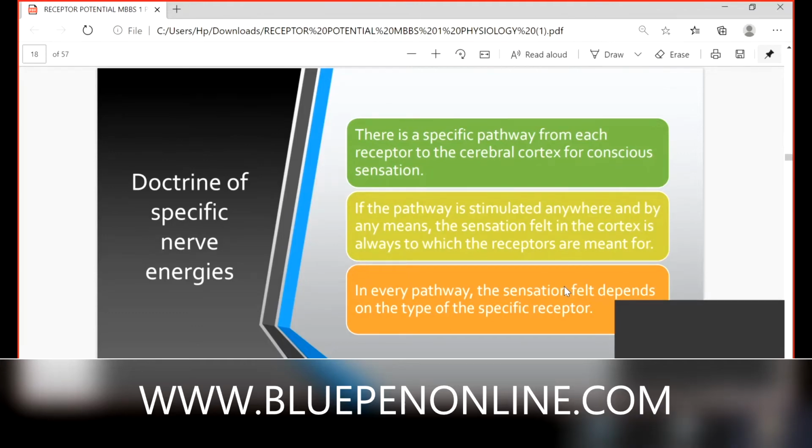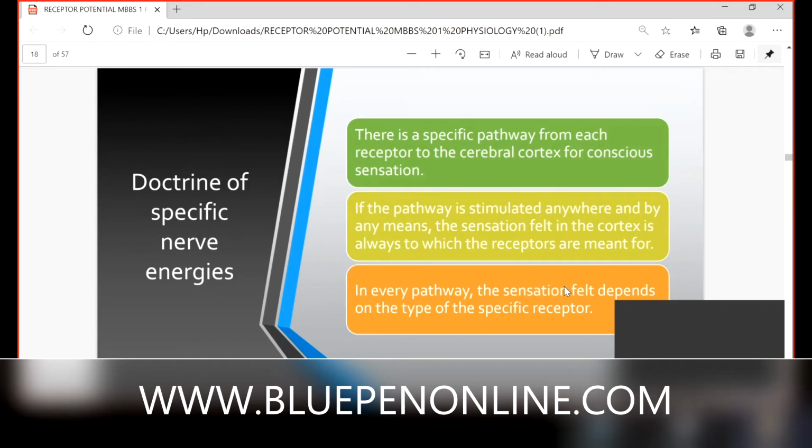In the last case also, the phantom limb phenomenon, we have seen that whenever there is a stimulation in that nerve pathway, they will feel that the stimulus is coming from the receptor part. Similarly, if anywhere on that nerve is stimulated, the sensation will be what that nerve is meant for.